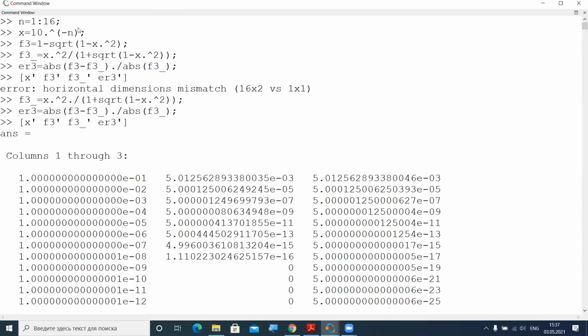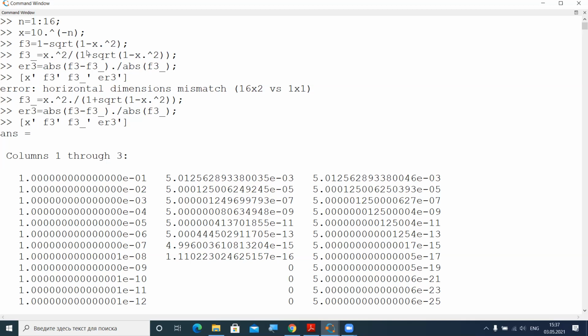Here we just lost our dot. That's why it says horizontal dimension mismatch. You can see this computes only for 1 by 1. So here they are not scalars, we have 16-element vectors, but for the division we took it without the dot.